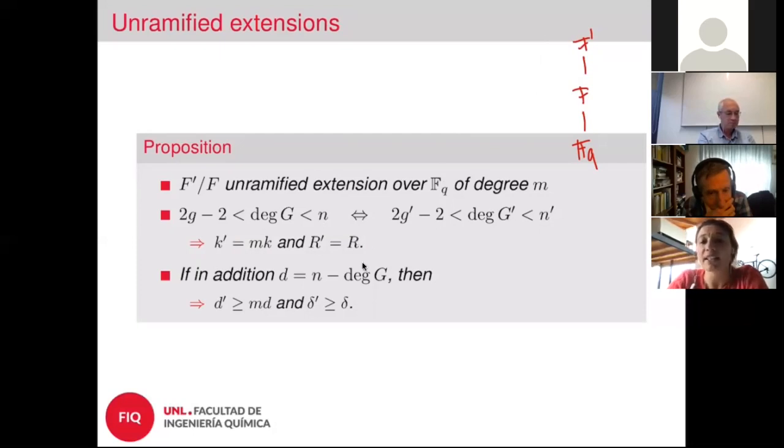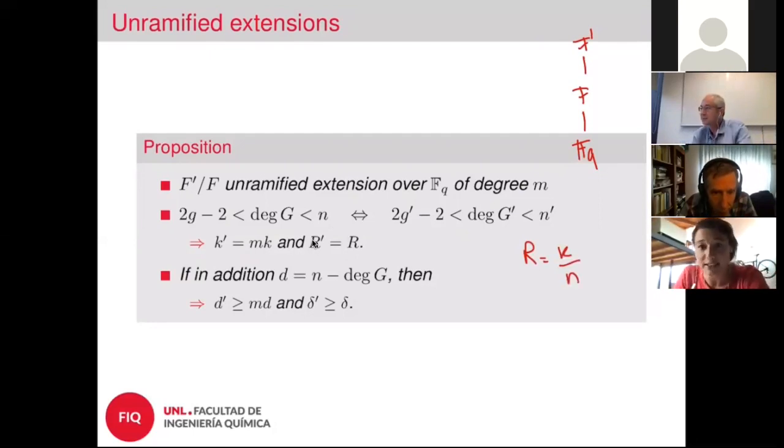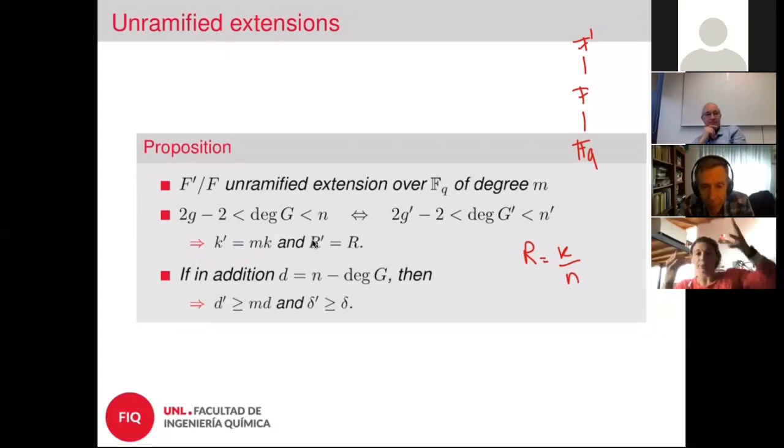And what we get in this setting is that we are not getting anything new for the dimension, because the new dimension is going to be m times the previous dimension, but the transmission rate, which is the ratio between the dimension and the length of the code, is exactly the same. So we are not getting a bigger information rate when we go to a conorm code.